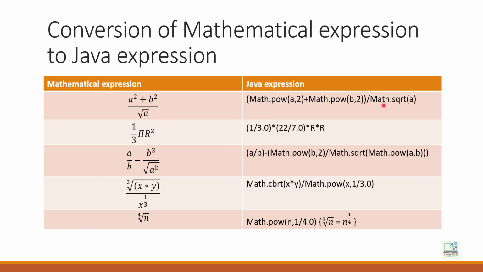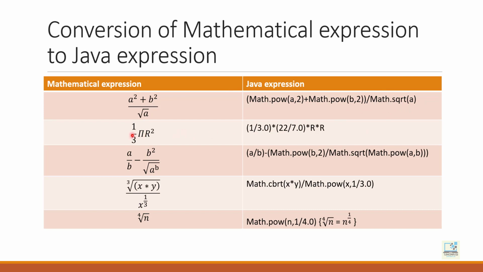Along with that, we have used Math.sqrt, that is for finding square root of any number. So for the numerator part, a square plus b square, we have done Math.pow(a, 2), where a is the base and 2 is the power. Math.pow(b, 2), b is the base and 2 is the power. So a square plus b square in bracket divided by Math.sqrt(a), square root of a.